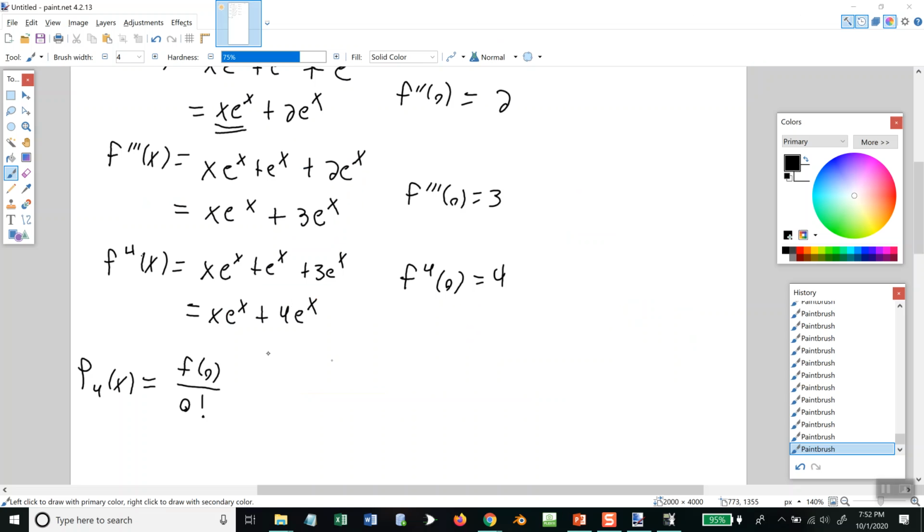There's no x here, but this would be x to the 0. Then the next one is our first derivative over 1 factorial, x to the first, plus our second derivative. I almost think it'd be easier to remember if they didn't put the first two terms as different.